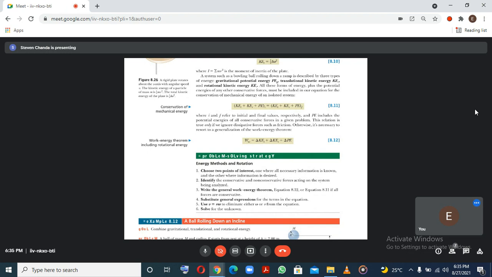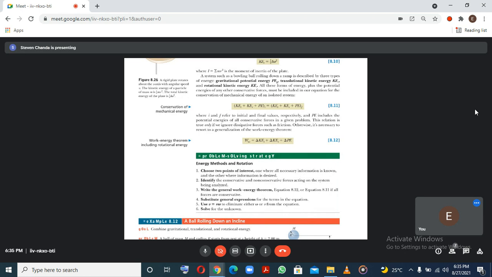For this one as well, when there are no non-conservative forces, the translational kinetic energy, gravitational potential energy and kinetic energy initials are going to be equal to their finals. So we can extend that equation, the same way we extended it for spring potential energy. Here we're just adding rotational kinetic energy.